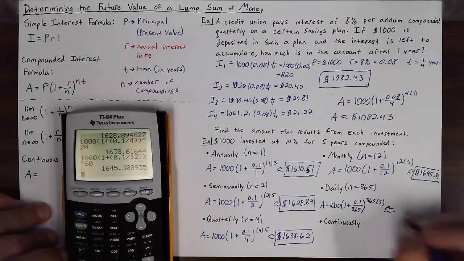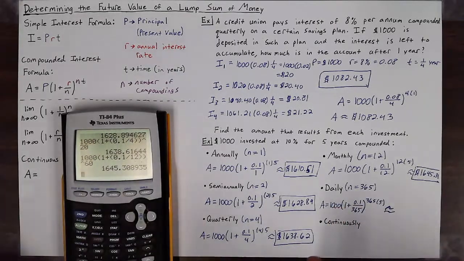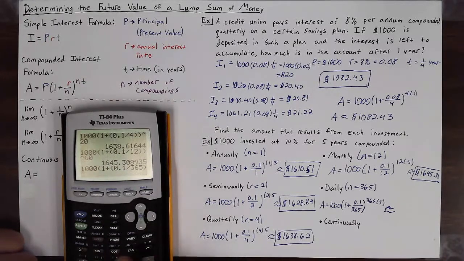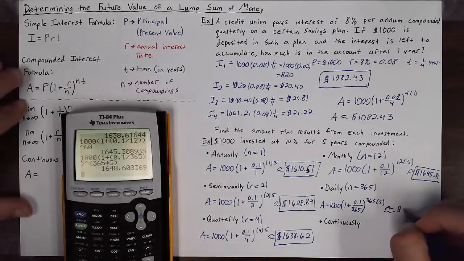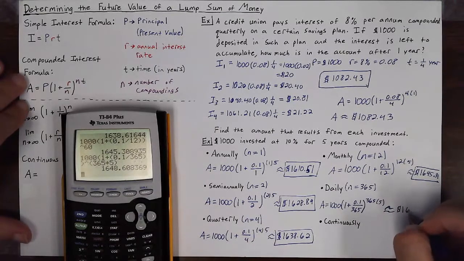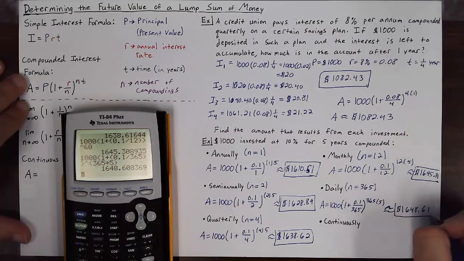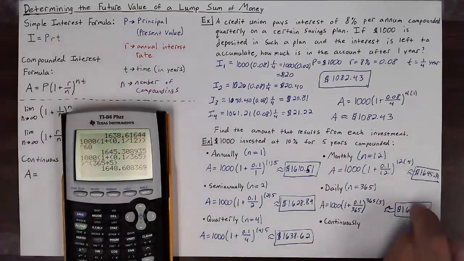How much money would be in the account if it was compounded every single day. So 1,000 times 1 plus 0.1 divided by 365 raised to the 365 times 5 power. That will give me $1,648.61.